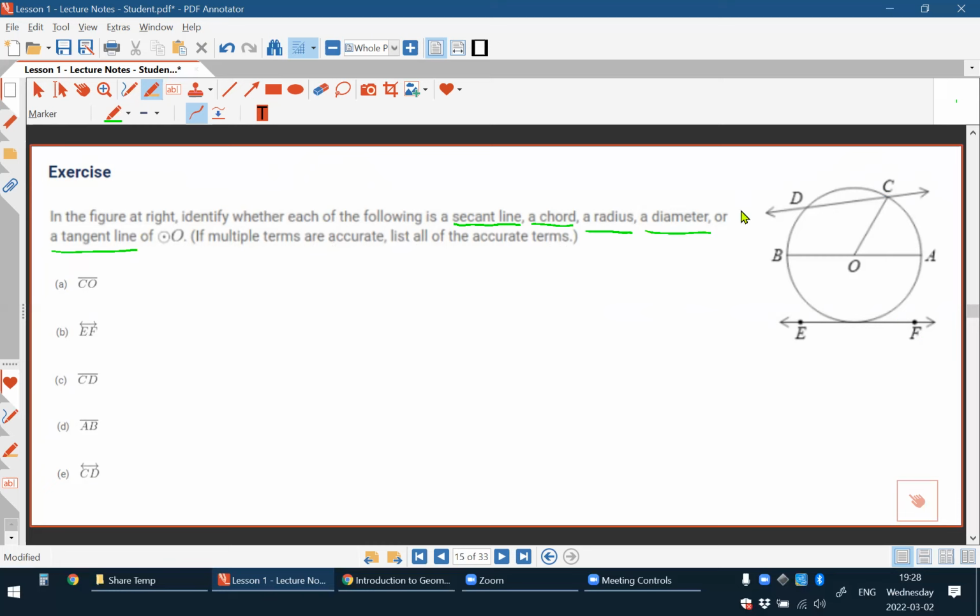Okay, so we are given a diagram like this. And first of all, let's check segment CO. This is the notation of a segment, right? Okay, I'll give you 2 minutes to have a look at this question, and then I'll give you the solution.